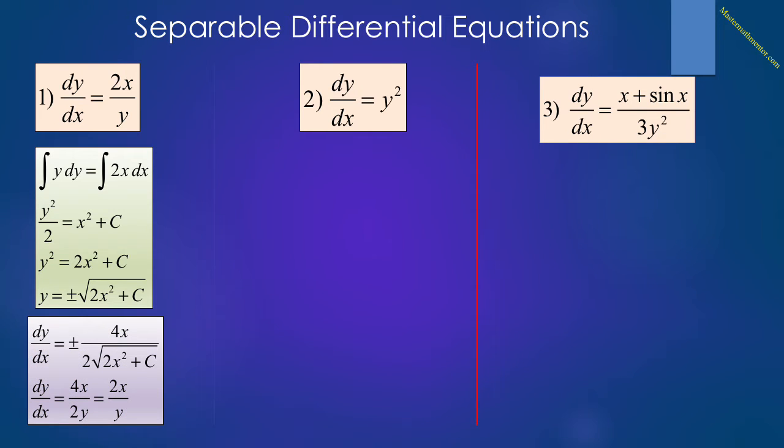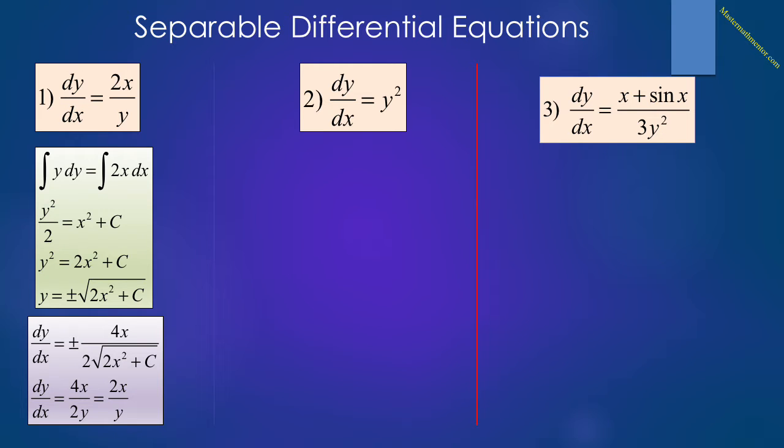Let's check our answer. If y is equal to the positive square root of 2x squared plus c, dy dx is equal to 1 over 2 times the square root of 2x squared plus c times 4x.